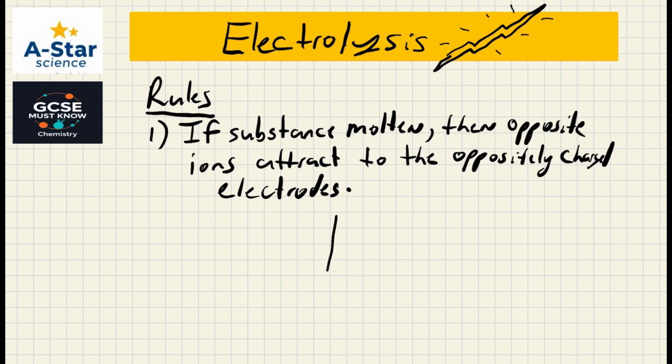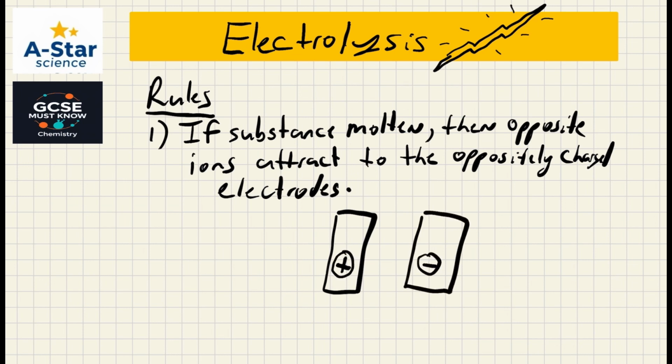So, for example, if I have an anode and a cathode, and in that solution we have just two ions.